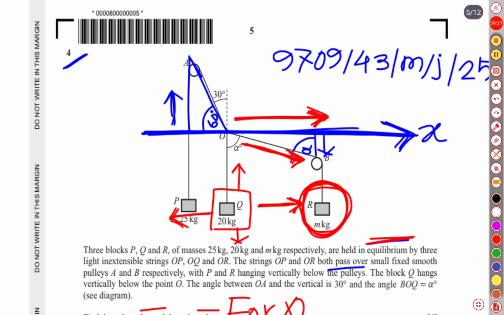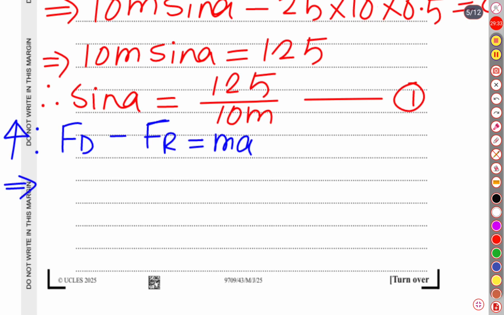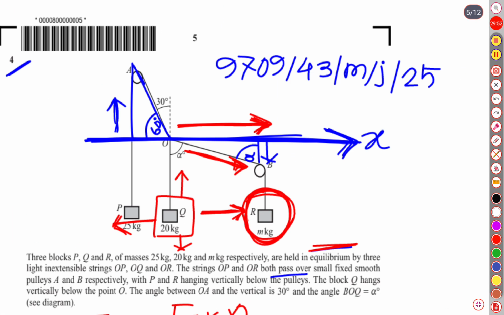Okay, so for positive, what is our driving force? That is this tension, which is mPg sine 60 degree, mass of particle P into g, and sine 60 degree. Then minus, which angle is lying below the x-axis?